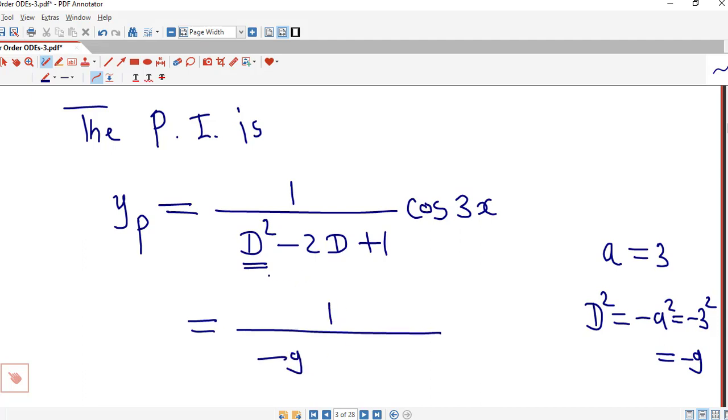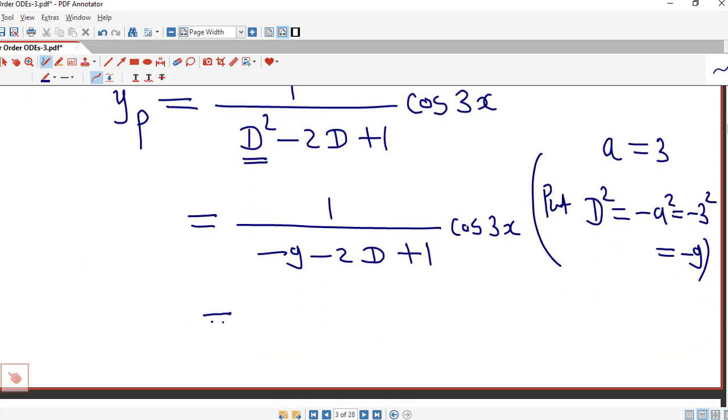So this is minus 9 minus 2D plus 1, cos 3x. Now we simplify this. This minus 9 plus 1 is minus 8, minus 2D, cos 3x.